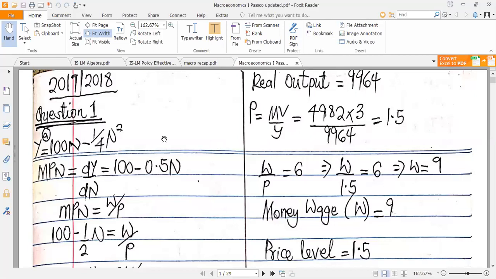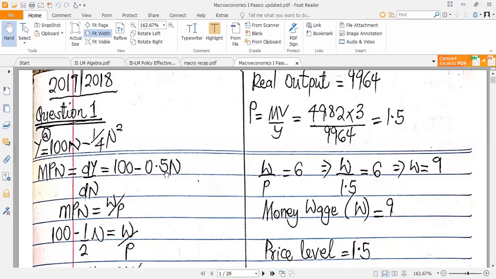Right. So we were given the production function. You see that for the labor market, at times you'll be given your labor demand and then your labor supply. But for this question, we're not given the labor demand. So what you have to do is find your marginal product of labor by differentiating the production function with respect to N. When you differentiate, that should give us 100 minus 2 over 4, which is half.